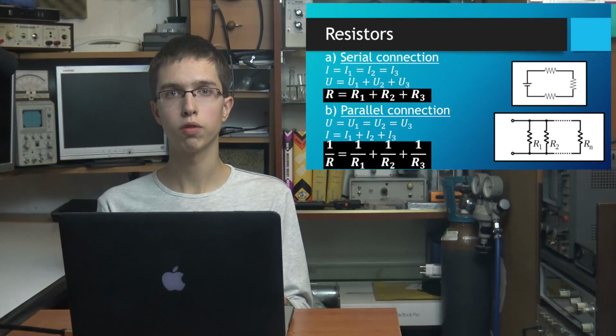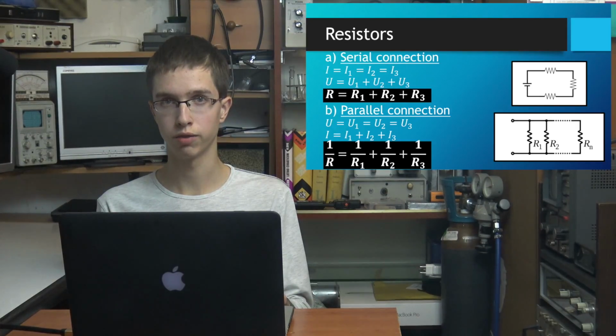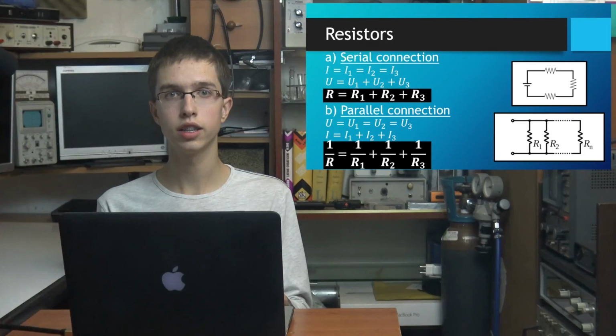The second type of connecting resistors is in parallel. Here resistors are connected in the way presented on the scheme below.